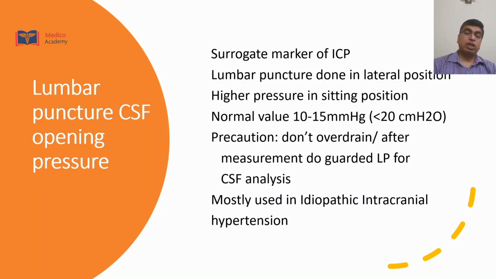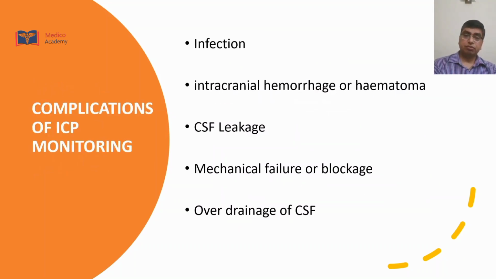You can even do a guarded LP to remove some of the CSF to reduce the pressure in the brain. The complications of intracranial pressure monitoring, mostly invasive monitoring, are infection, intracranial hemorrhage or hematoma, CSF leakage, mechanical failure or blockage, or overdrainage of CSF.